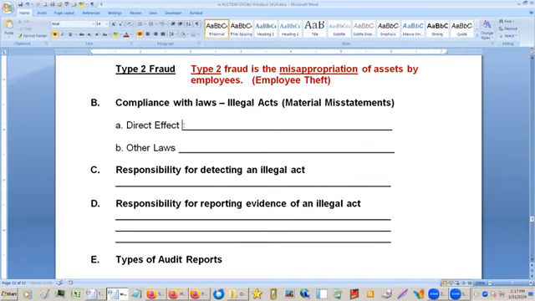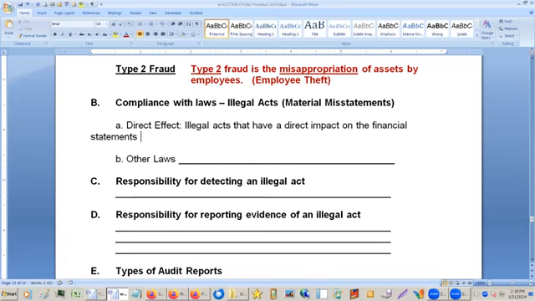Illegal acts that have a direct effect on the financial statements are important to the auditors.